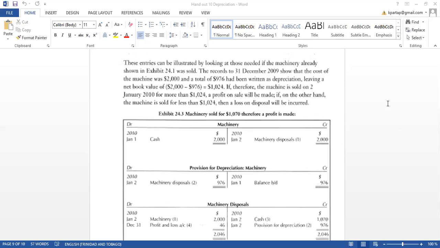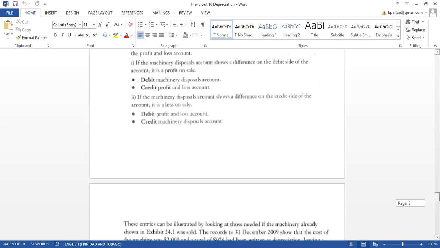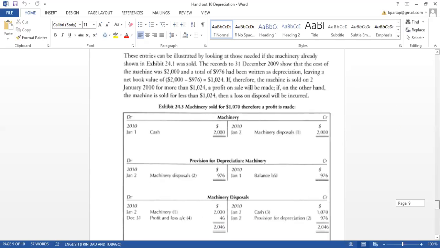Okay. So in this example now, they are saying the records at 31st December show the cost of the machine was 2,000, a total of 976 had been written off as depreciation, leaving the net book value as 1,024. So that was before the first example we were looking at.